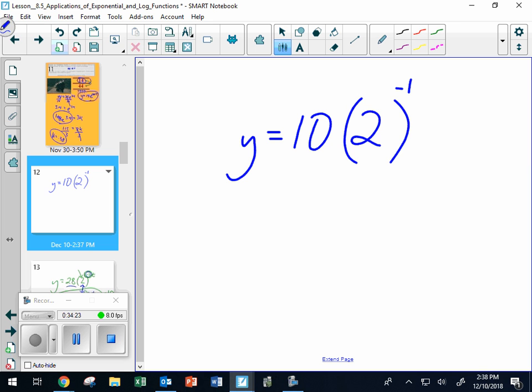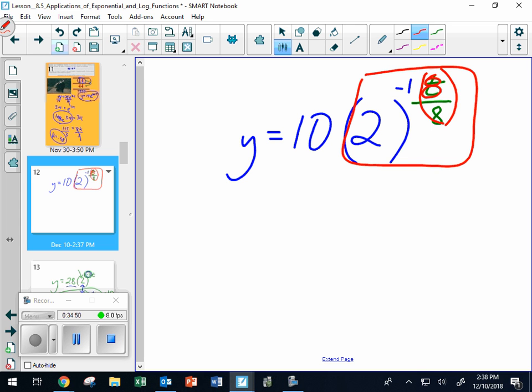And if it's 8 days, I take t, and I'm not going to stick in an 8. I'm going to say divided by 8. Why? Because in 8 days, you want it to be a half-life. If I put in an 8 under time, this becomes a 1, and then this just becomes 1/2.